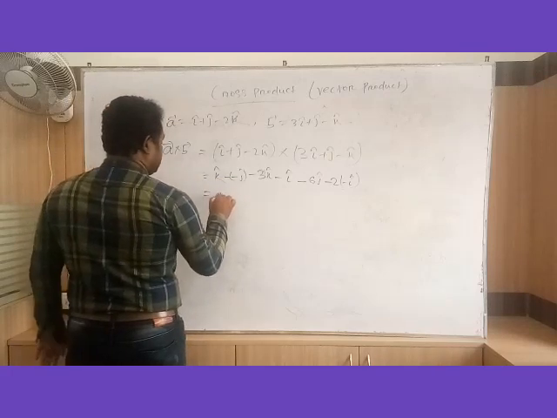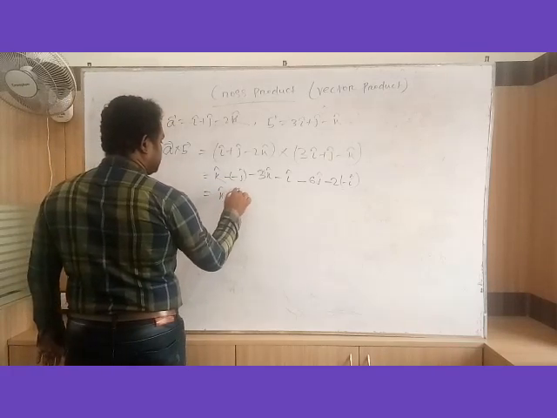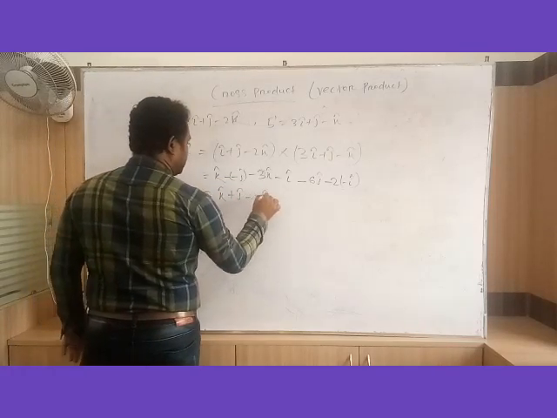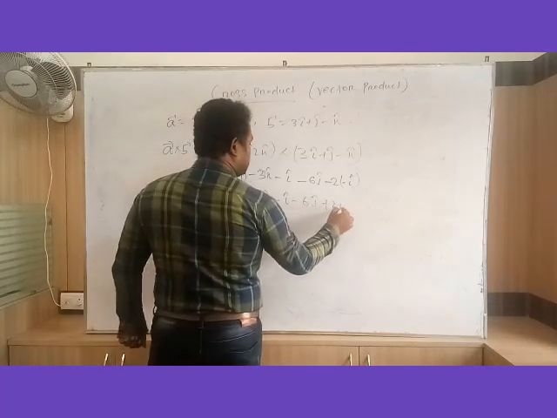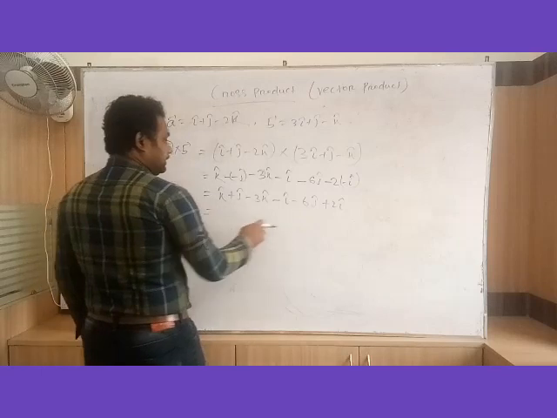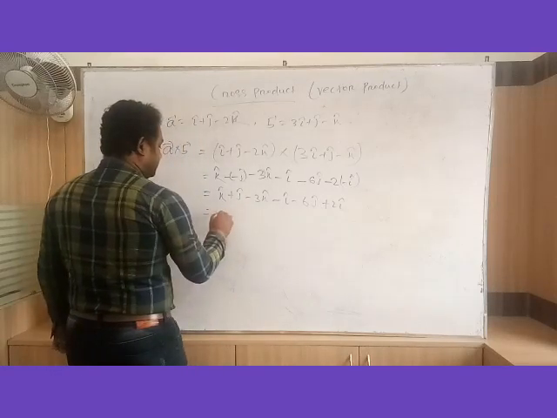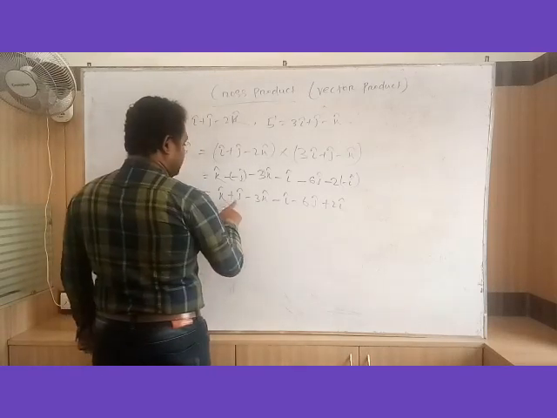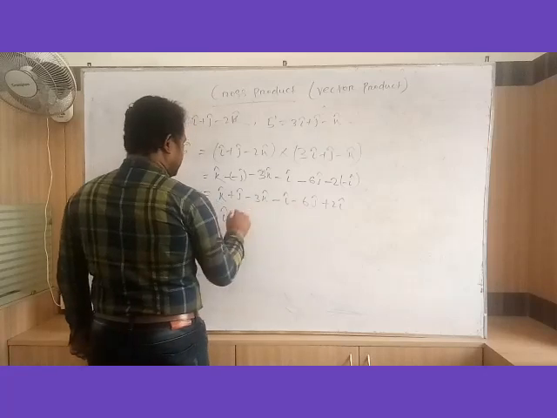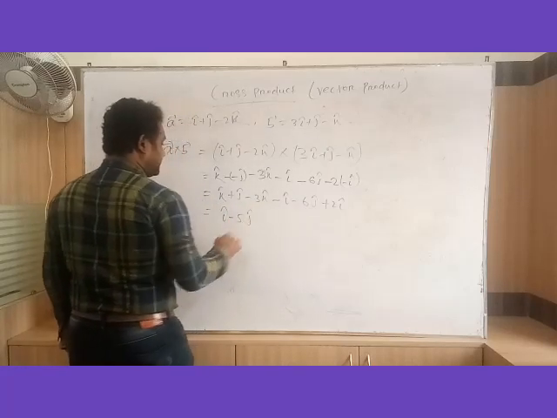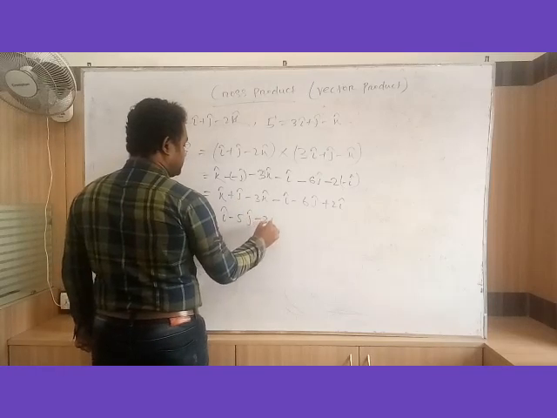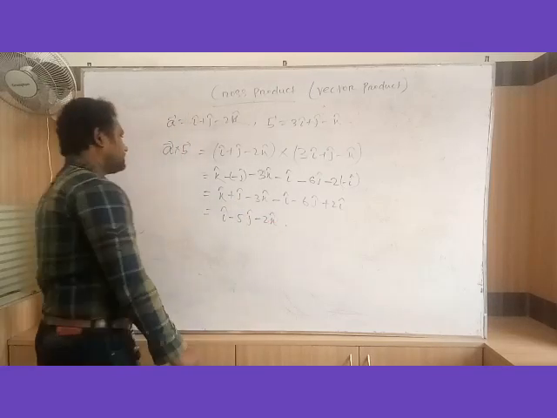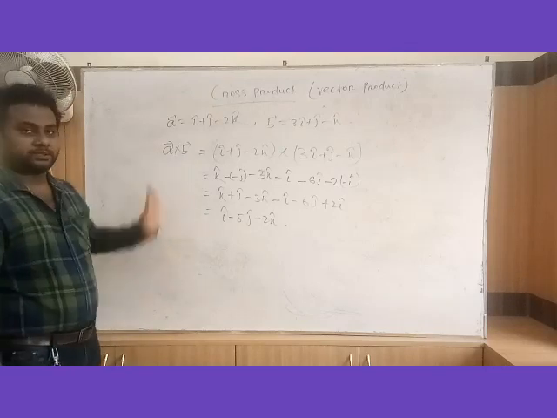Now solve it. K cap plus j cap minus 3k cap minus I cap minus 6j cap plus 2i cap, or 2i cap minus I cap. I cap, j cap minus 6j cap equals minus 5j cap, k cap minus 3k cap equals minus 2k. So this is the value of A vector cross B vector.